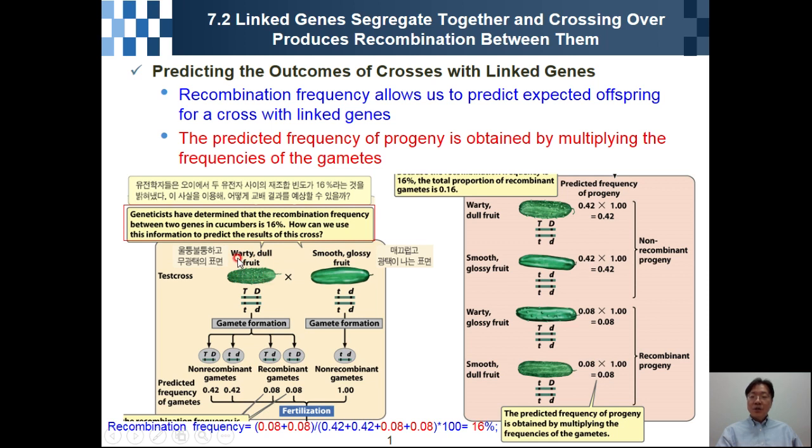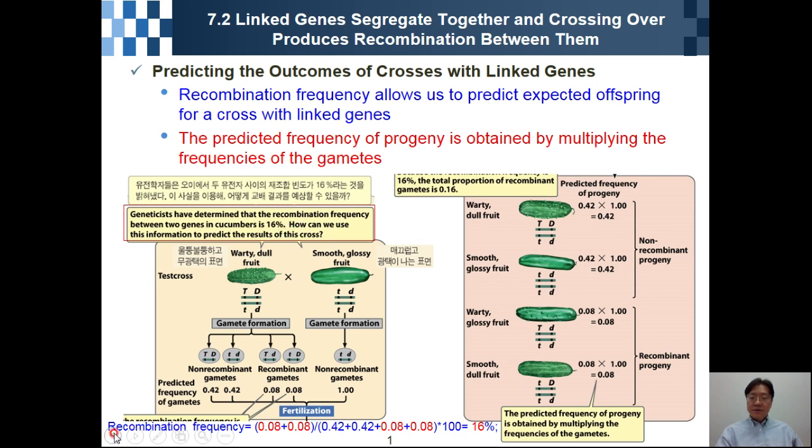The gene which encodes warty and the gene which encodes dull are located on the same chromosome like this. So we did test crosses: the heterozygote crossed with the recessive homozygote. Geneticists have determined that the recombination frequency between the two genes in cucumber is 16%.